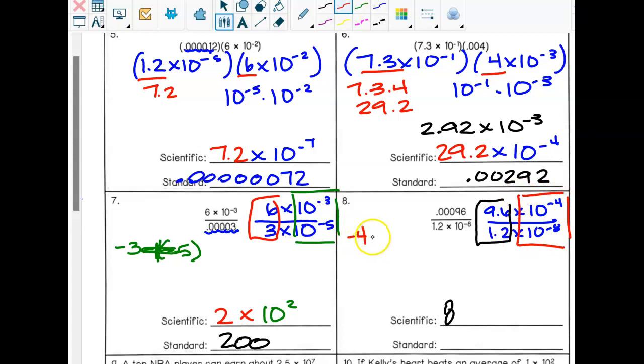Remember, those exponents get subtracted. When you subtract a negative, you end up adding a positive. So that becomes negative 4 plus 8. So that's times 10 to the 4th. So 8 and then 1, 2, 3, 4. 80,000.